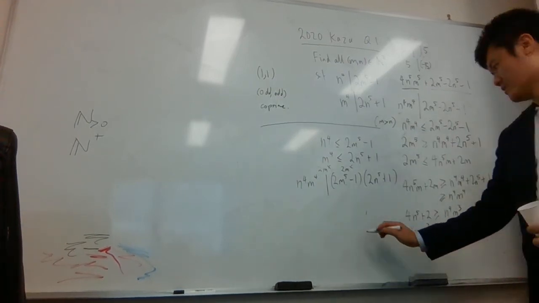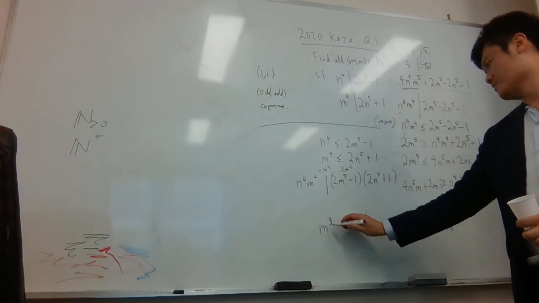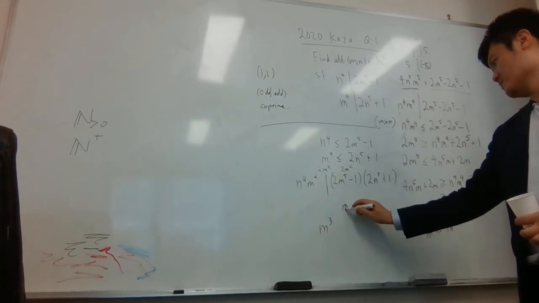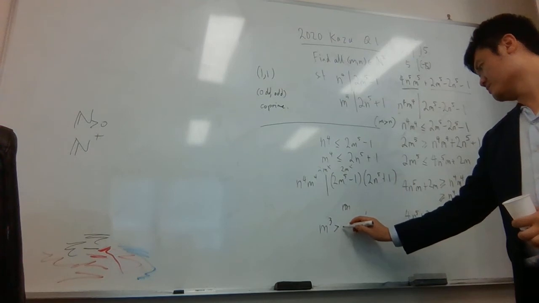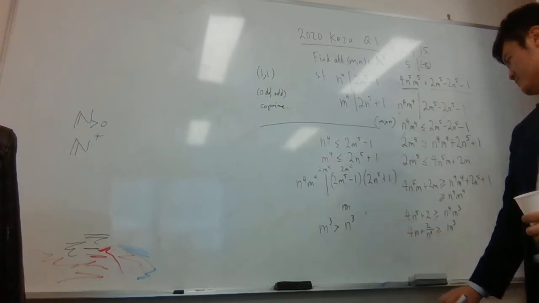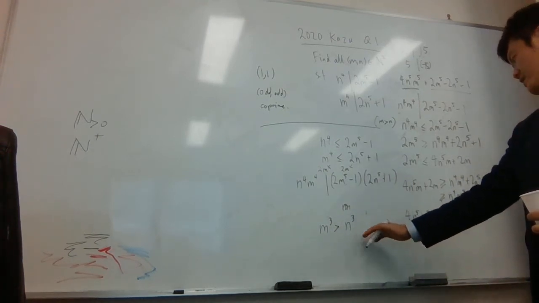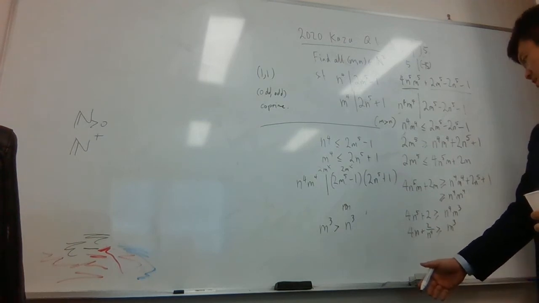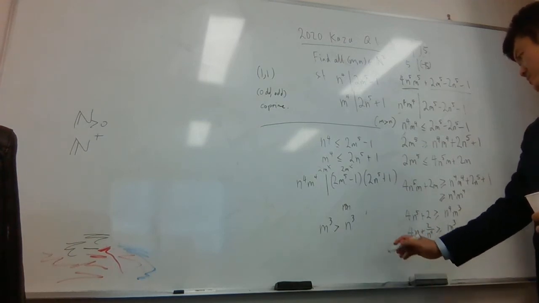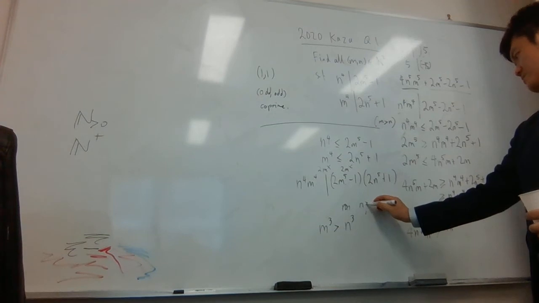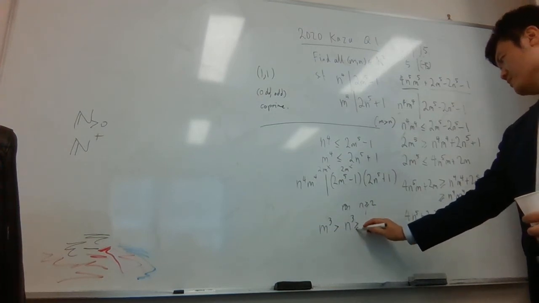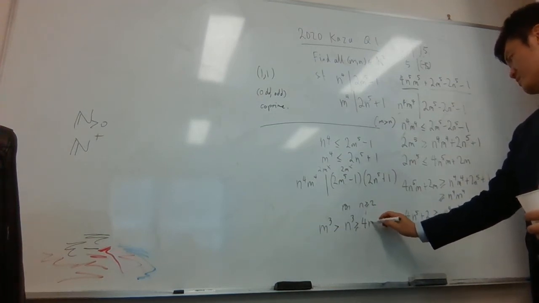So we could just try 1, 2, 3, and 4. If we assume m cubed is greater than n cubed, right? Which, if n is greater than 4, actually let's say n is greater than 2, this is greater than or equal to 4n, right?